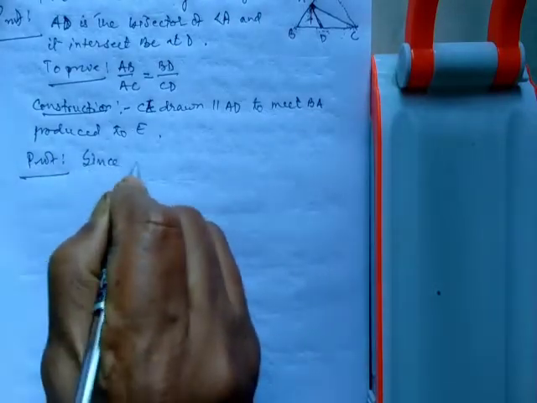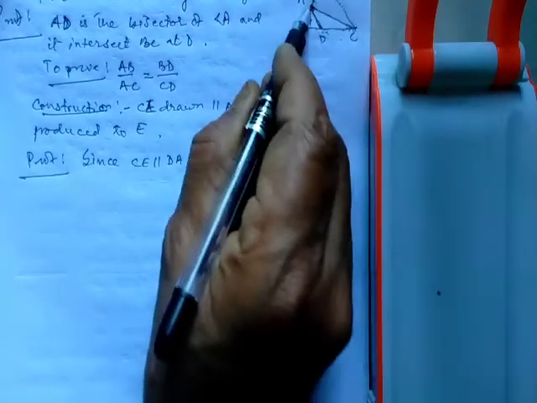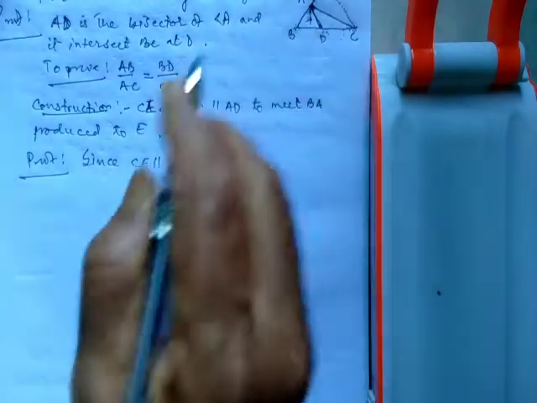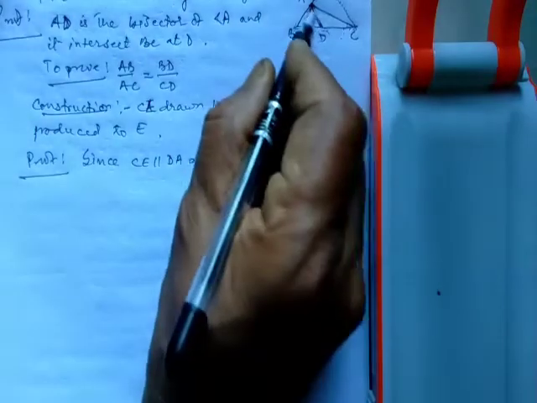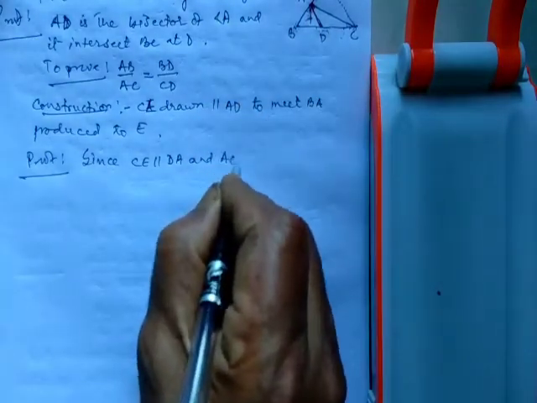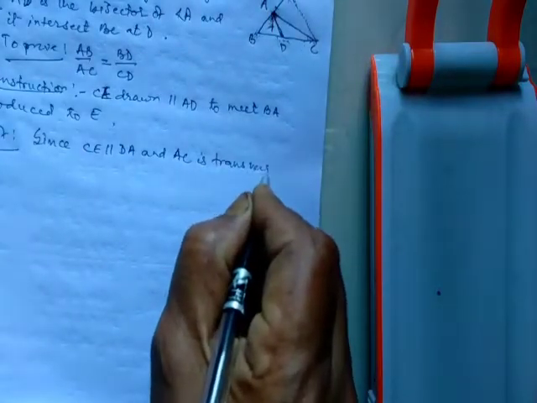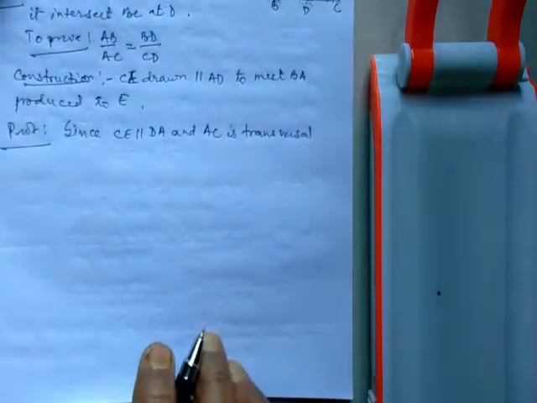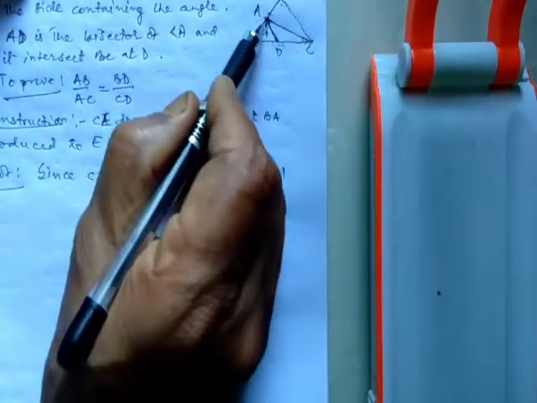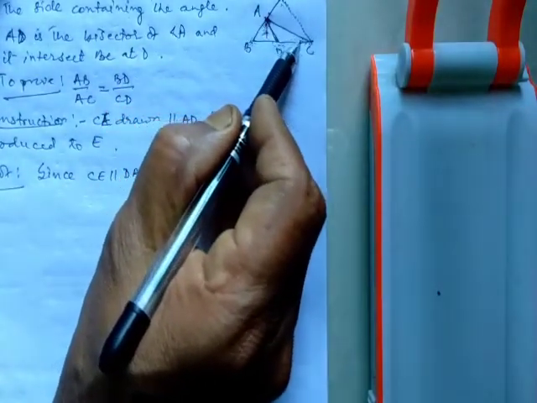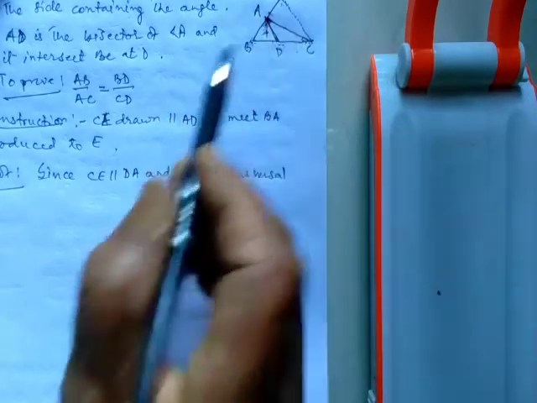Proof. Now we will start the proof. Since CE is parallel to DA or AD, and AC is transversal, these two are parallel and this is transversal.